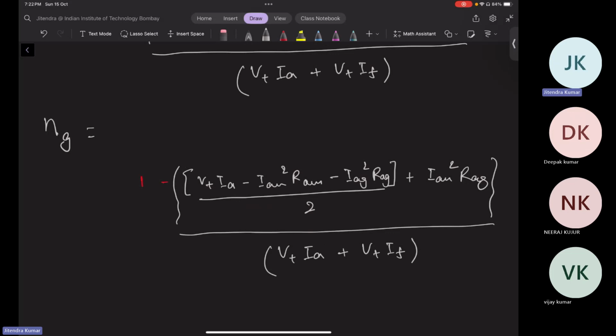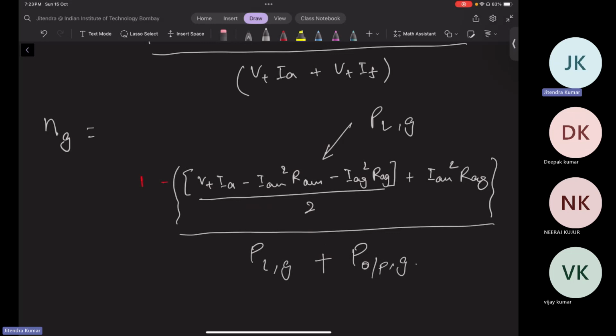I doubt, because VT IA will not be input to the generator, so it will be something else. It will be this component I am telling you, the loss of the generator, plus output of the generator.